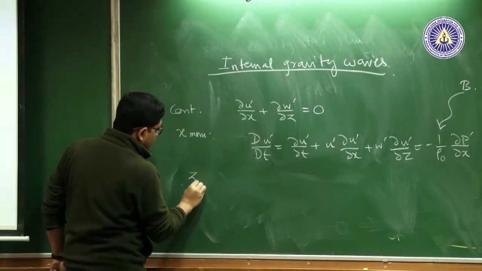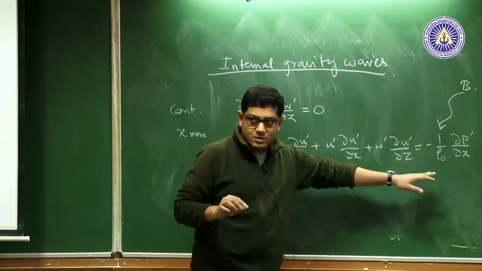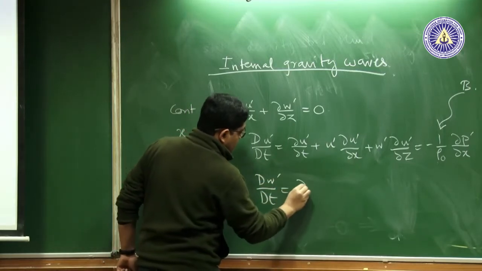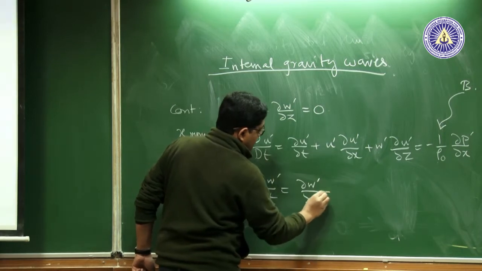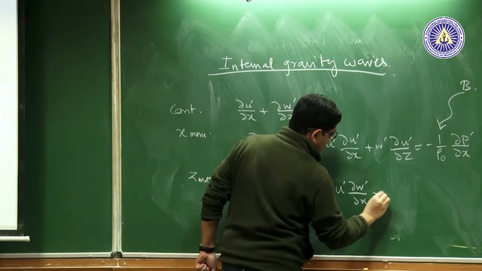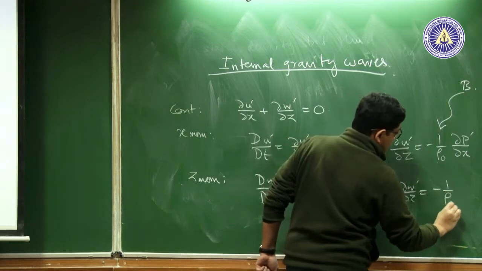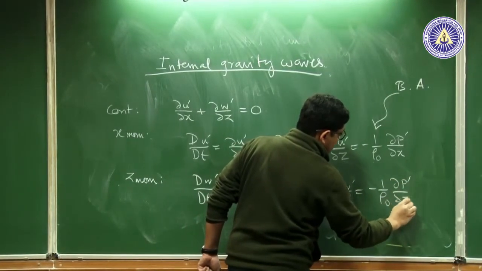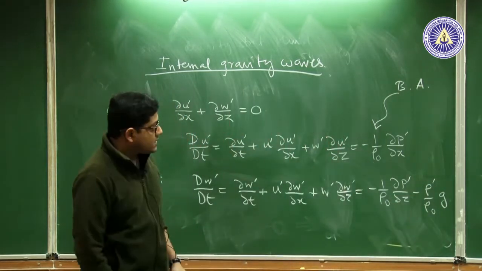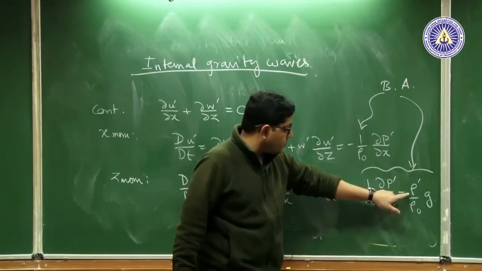Boussinesq approximation becomes more important here. Actually, it is not technically the Boussinesq approximation. Boussinesq approximation becomes important here. So, this is technically your Boussinesq approximation, that you are keeping rho prime.